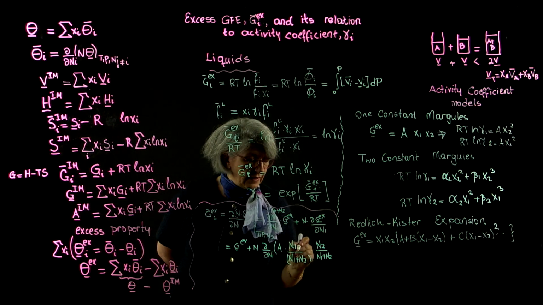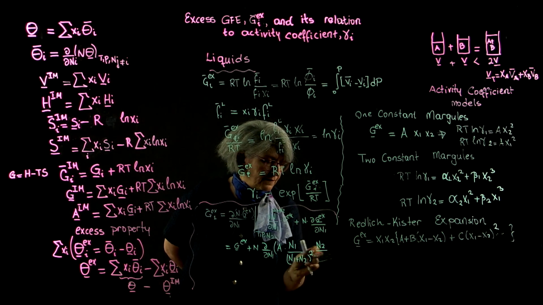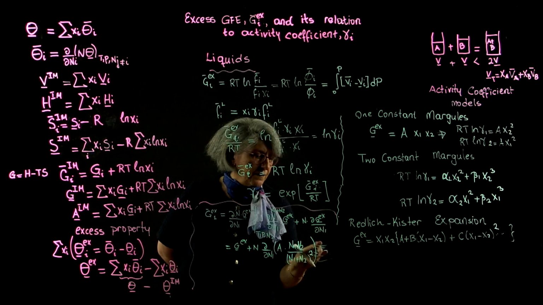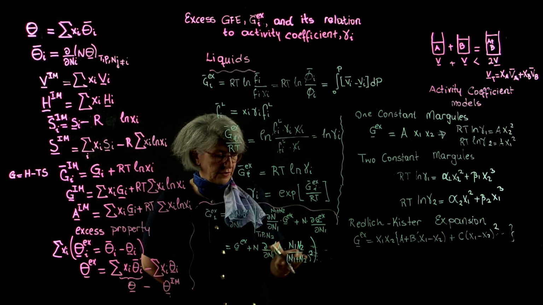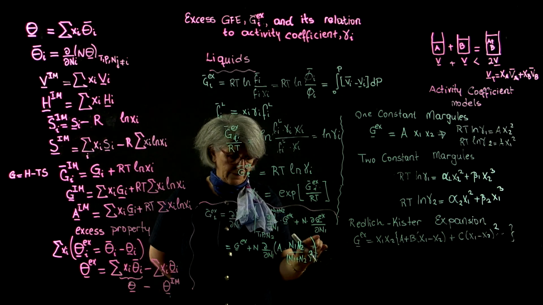Or simply, we can just disregard the second term in the denominator, combine these two. So we are going to take the derivative of this group with respect to n1.